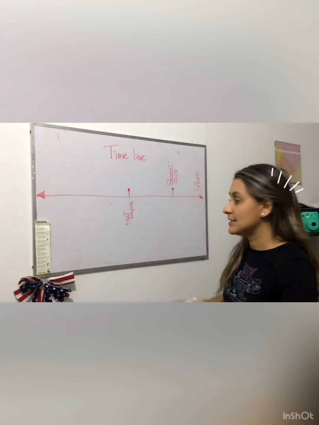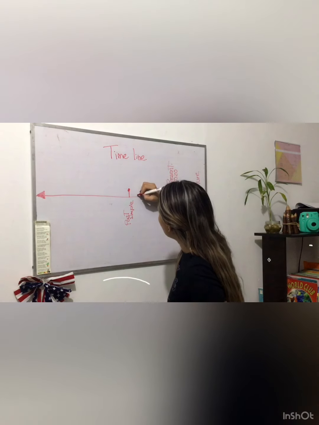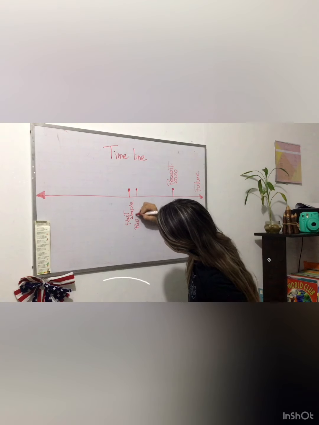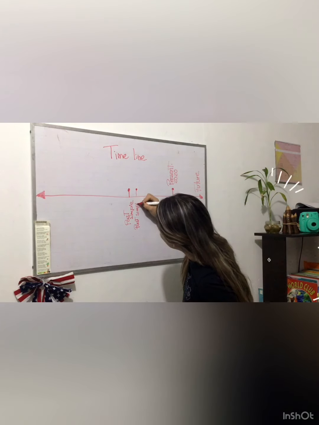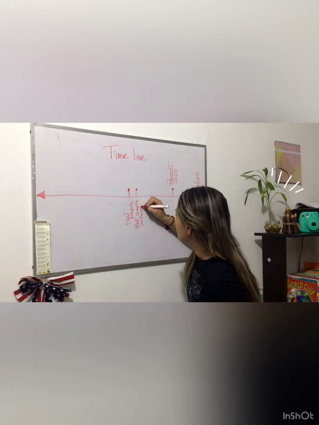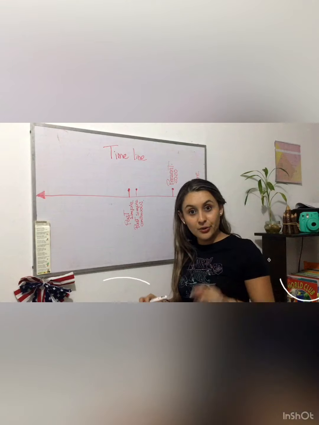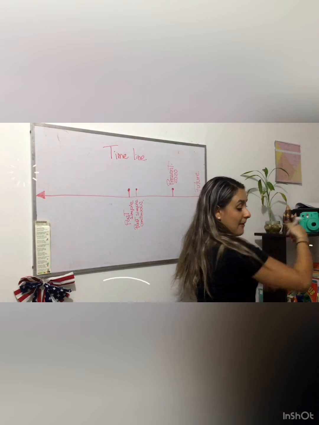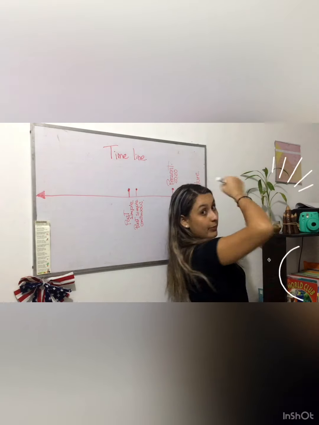So we have past simple and we also have past simple continuous. Okay, there we go. So we have future, present, and we have past.